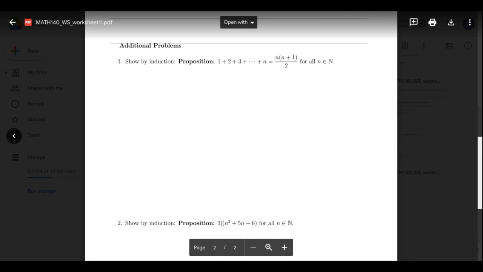And also P of n is a statement. It's not an expression, it's an equation. And to prove P of n plus 1. Therefore, P of n plus 1 is true, all right? P of n is a statement. In this case, it's an equation. An equation is a statement.